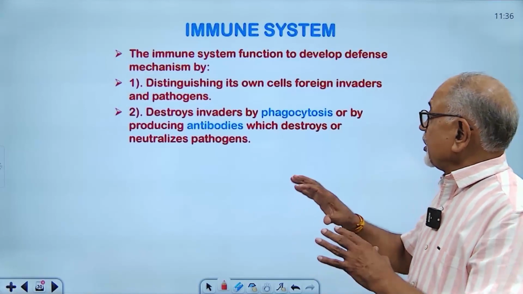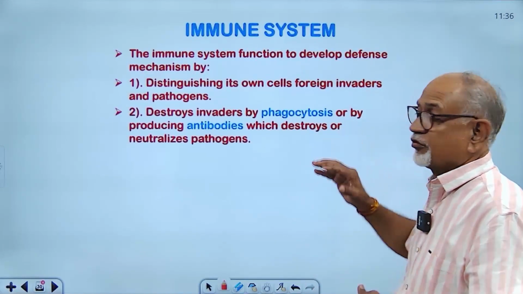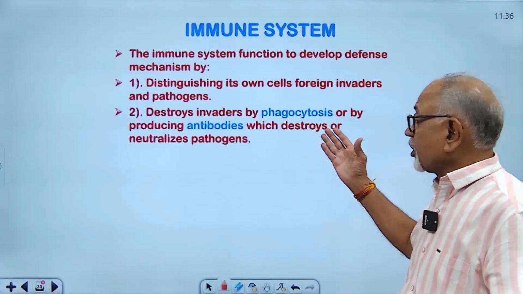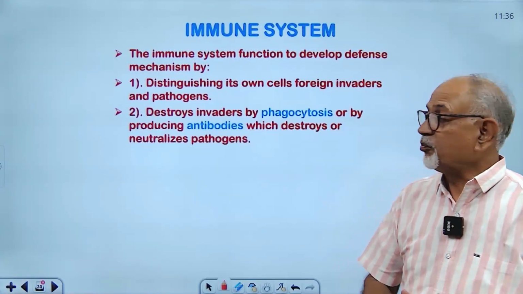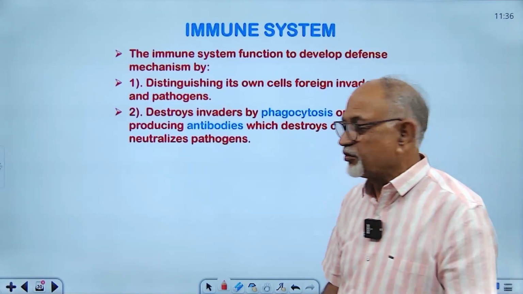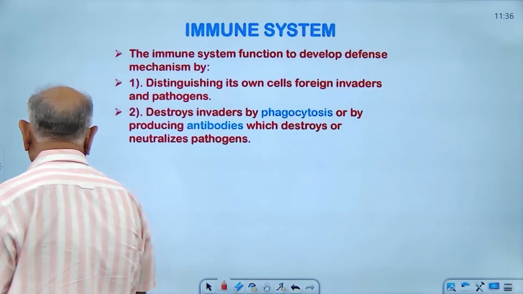They are removed by phagocytosis and digested there, or antibodies are produced which destroy or neutralize the pathogens.